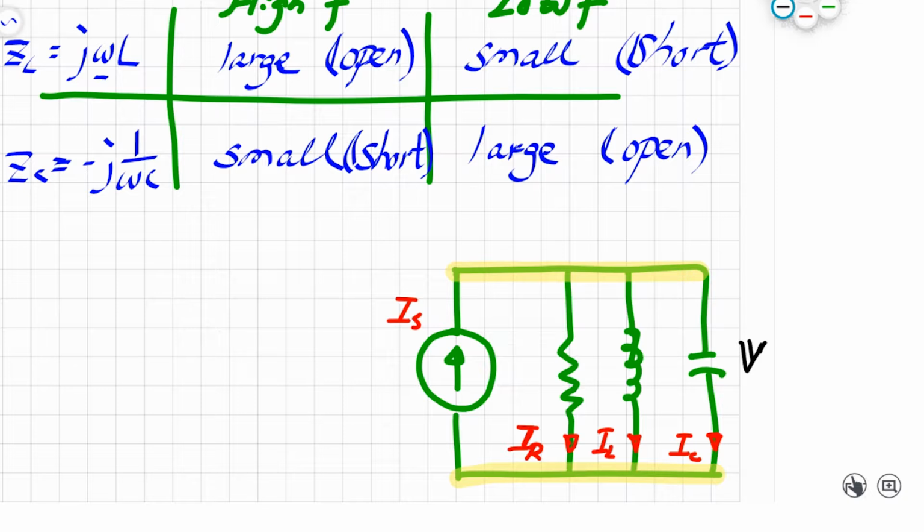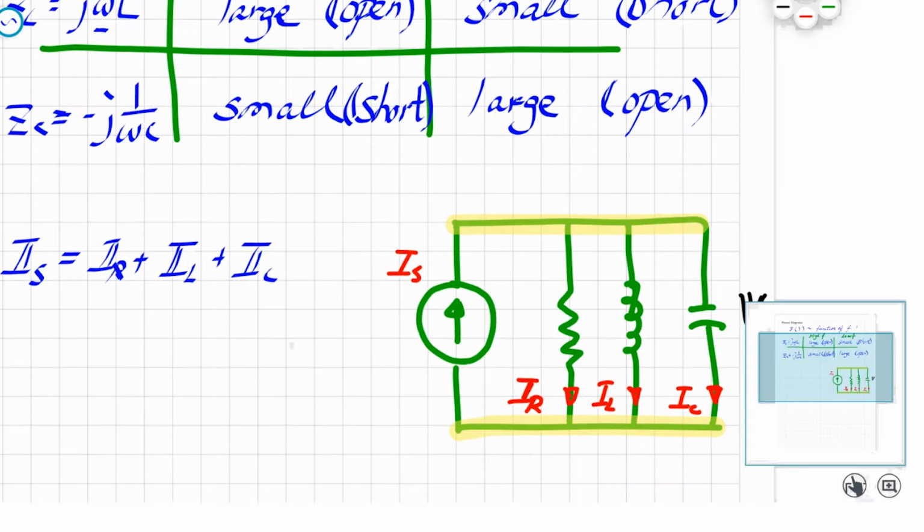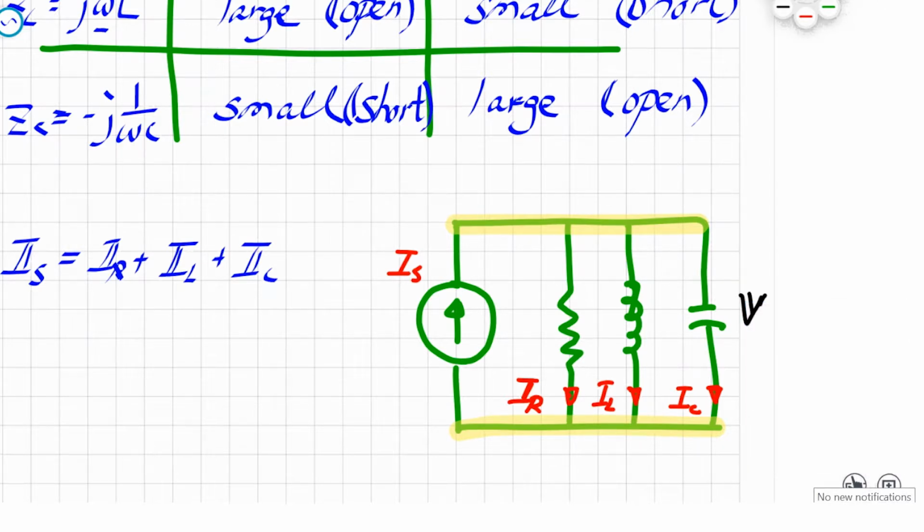Now let's look at it using Kirchhoff's current law. The total current coming in, KCL, is equal to I1, which is IR plus IL plus IC. Now we want to express all the currents in terms of voltage because they all have the same voltage here.